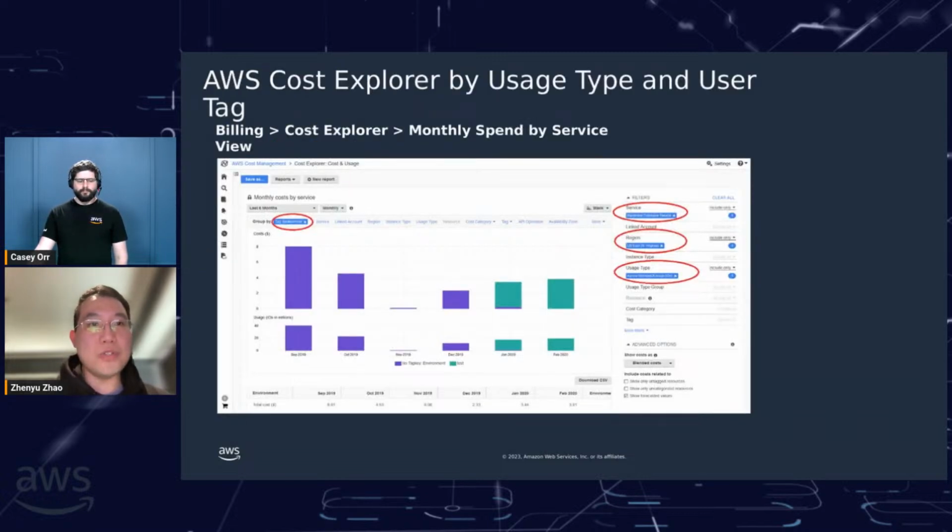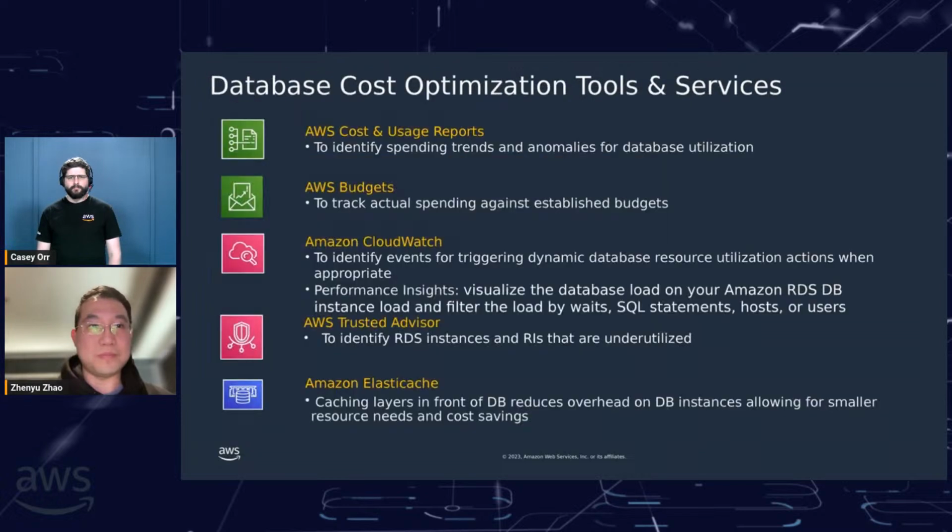Also use Cost Explorer wisely to understand the cost by using the tag and the usage type. For example, you need to understand the difference between the instance cost and the non-instance cost of your RDS environment. The instance cost just covers your compute and memory, and the non-instance cost is your I/O cost.